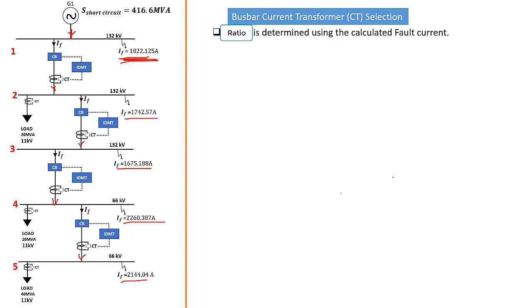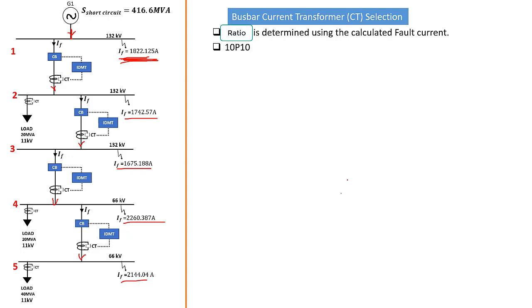Now in this series of tutorials we have selected the accuracy factor of 10P10. Now what that means is we are providing a 10% maximum accuracy limit of error. Which means the measurement that we're going to be getting at the secondary will be plus or minus 10% of the actual representation. So that's what the 10 means.